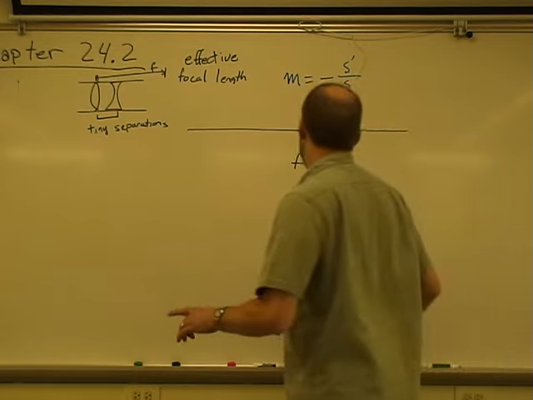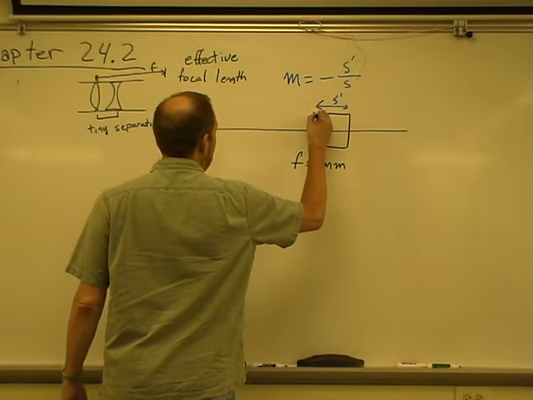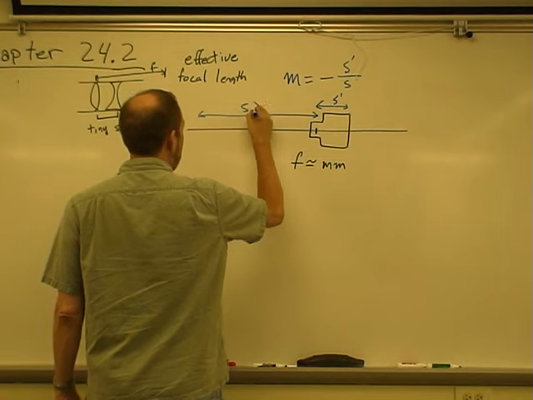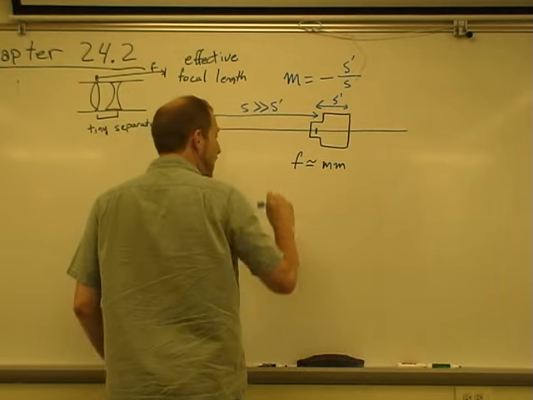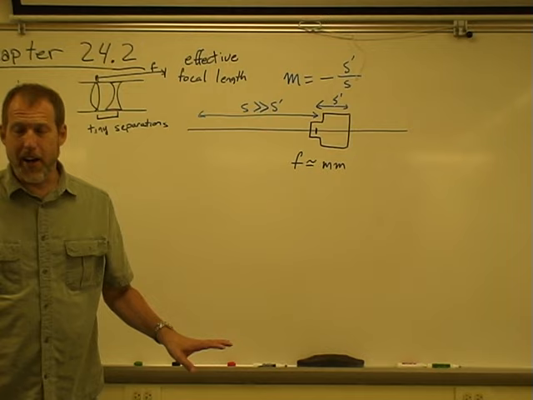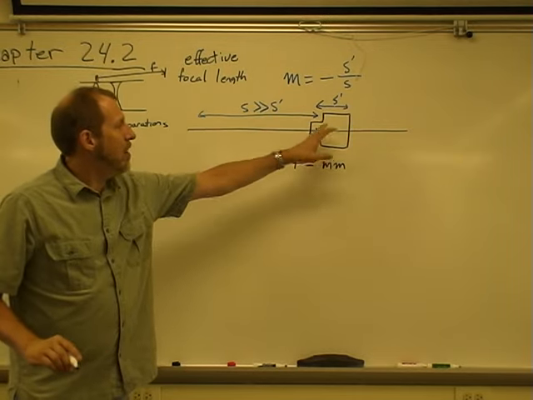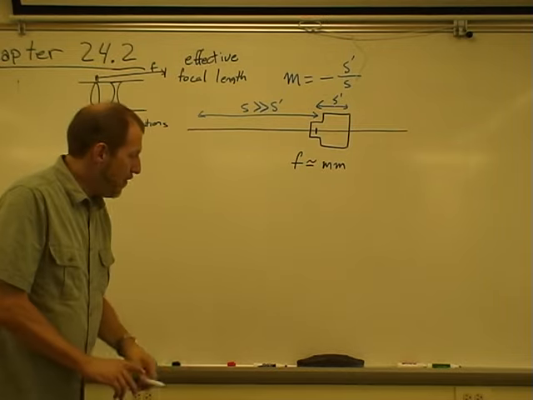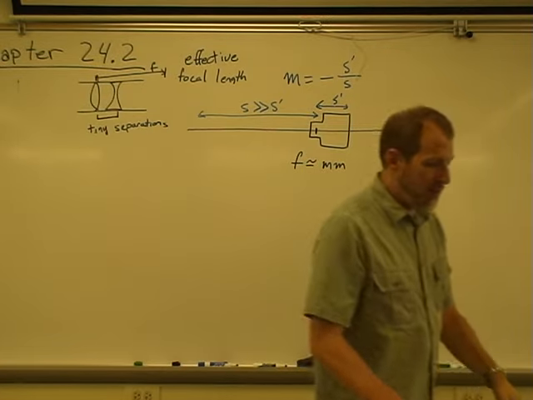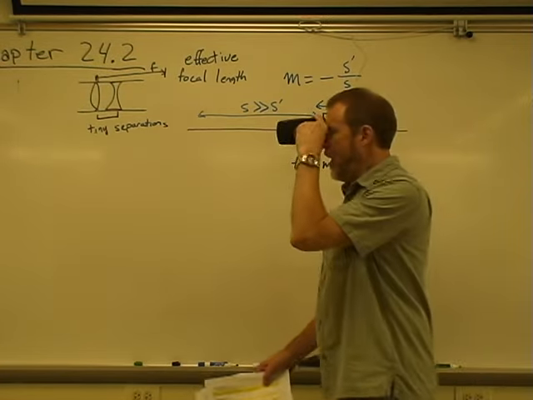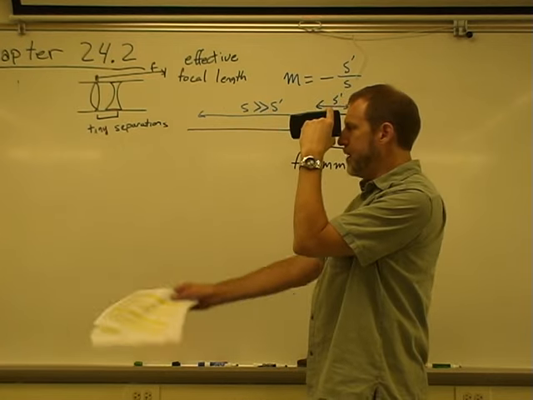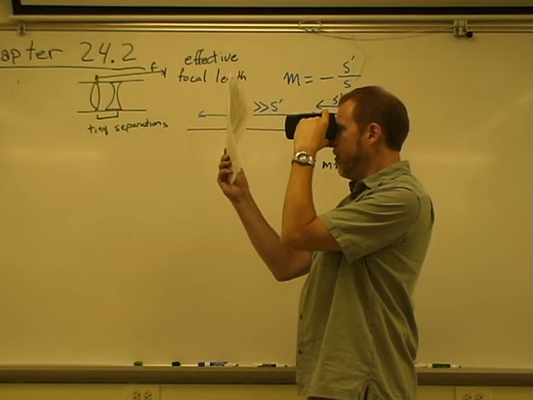Now the object distance is typically far higher than the image distance because it has to be. If you're taking a picture of something, then in most cases you're not going to be trying to take a picture of something very close to you.